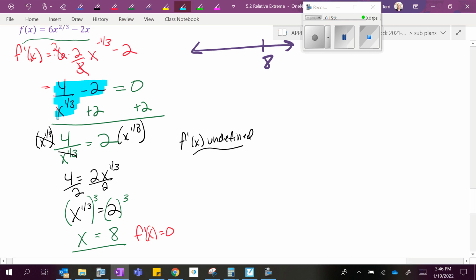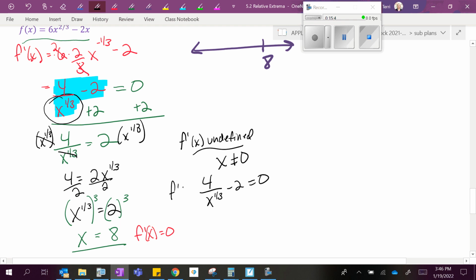If we look at this as our derivative, you can see that x cannot equal 0. If x equals 0, then we have a 0 in the denominator and our function's undefined. So this gives us another critical number of 0.